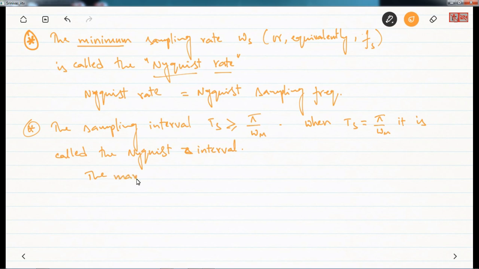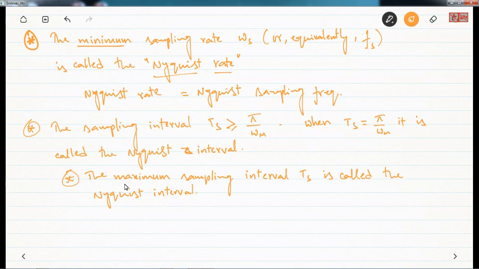Here the maximum sampling interval is called the Nyquist interval. So this is important and this is important.